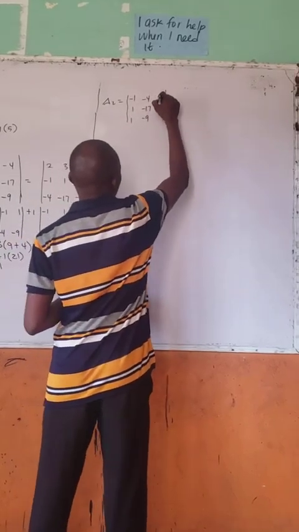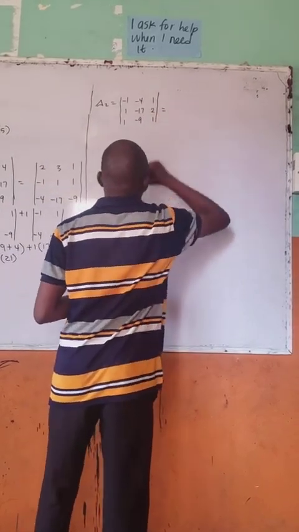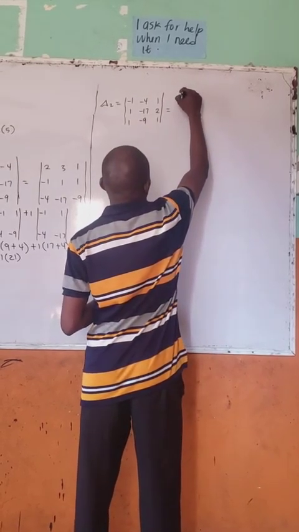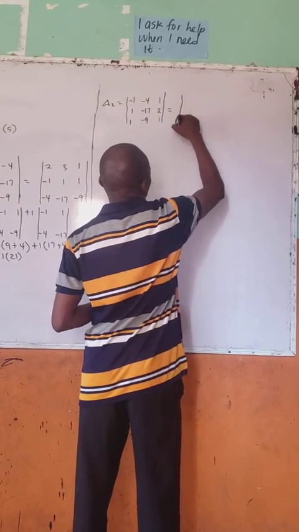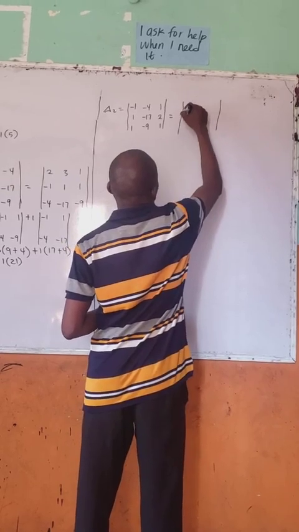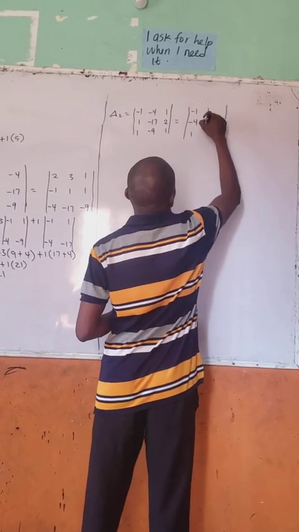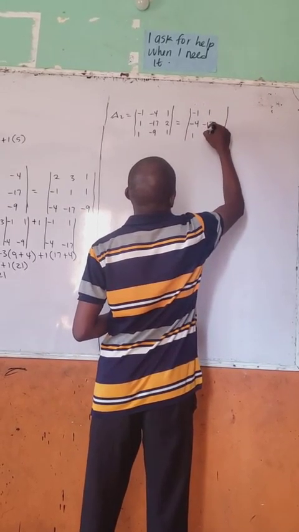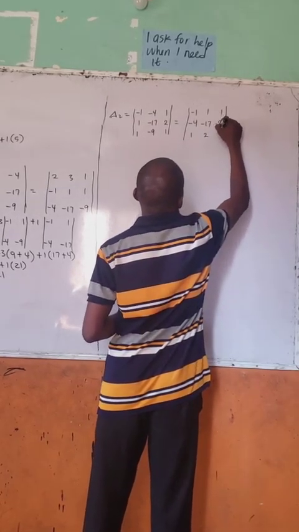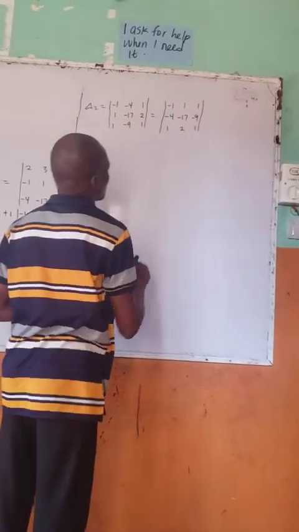We have 1, 2, 1. Let's look for the transpose. The transpose will give us minus 1, minus 4, 1, 1, minus 17, 2, then 1, minus 9, 1.